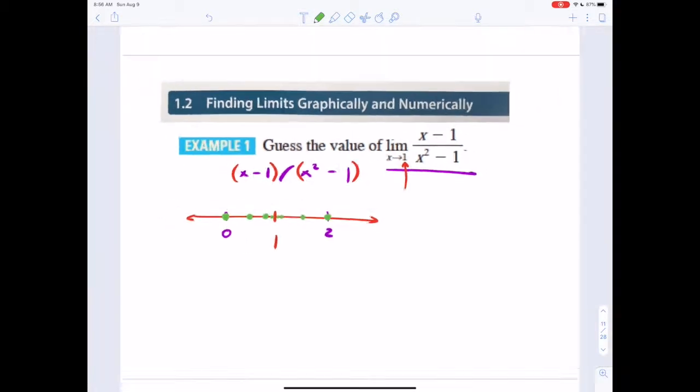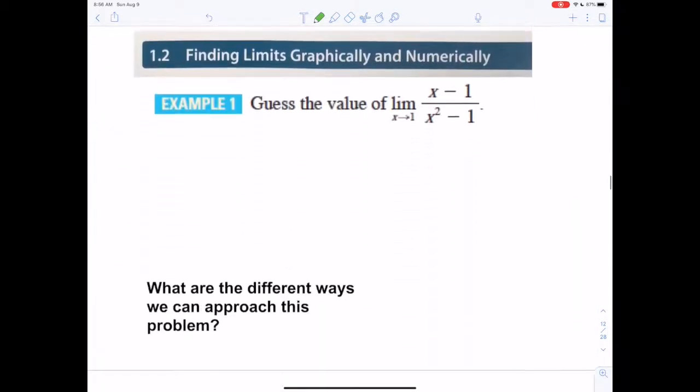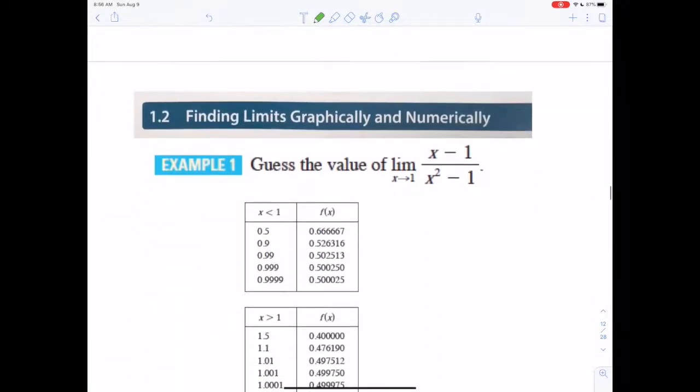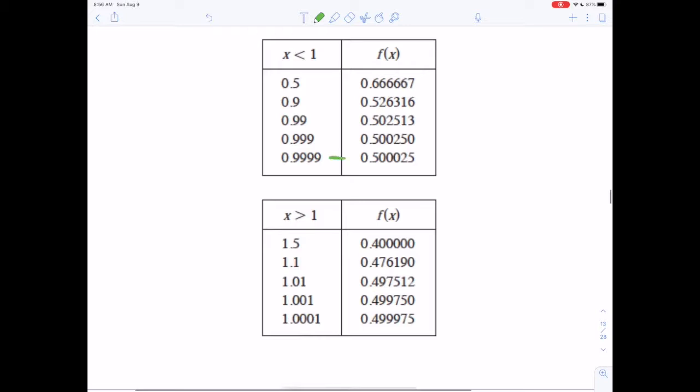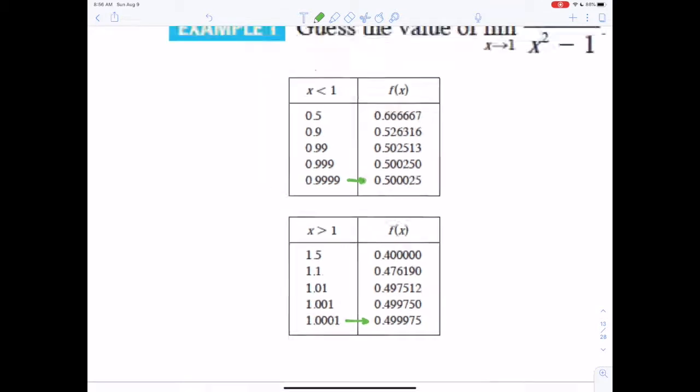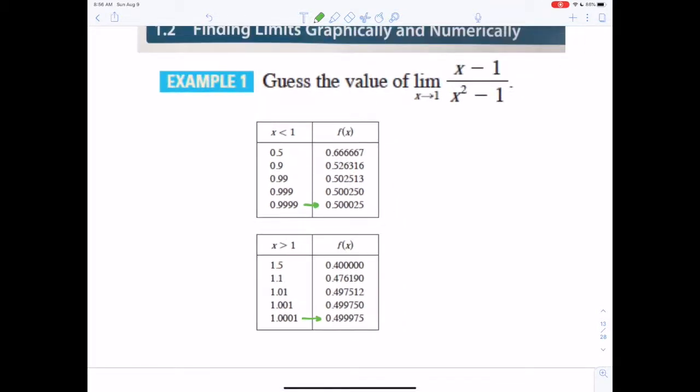So if you did that correctly, your limit should have, notice how when we get really close to 1 from the left, it comes out to about 0.5. Okay, and if you approach 1 from the right, you get about 0.5 as well. Okay, so notice how they both have the same value here, okay?